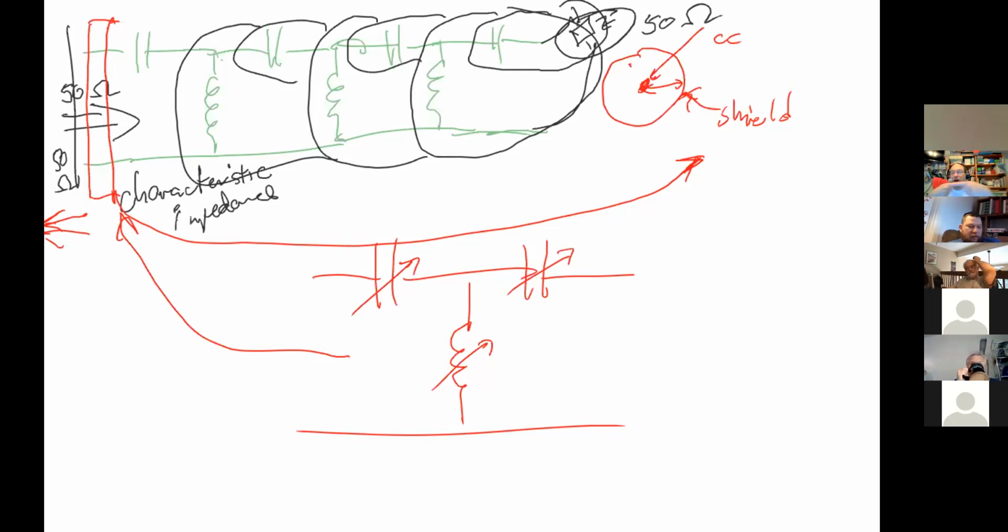It allows bidirectional maximization of power transfer. And that's why we use impedance matching networks.